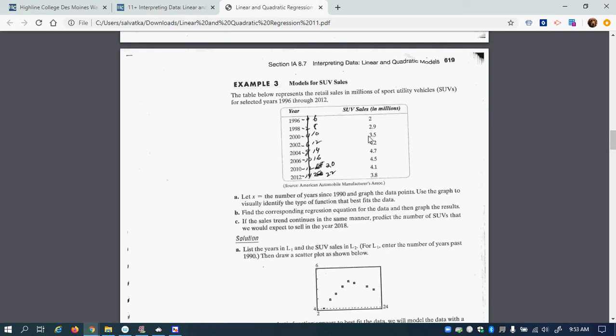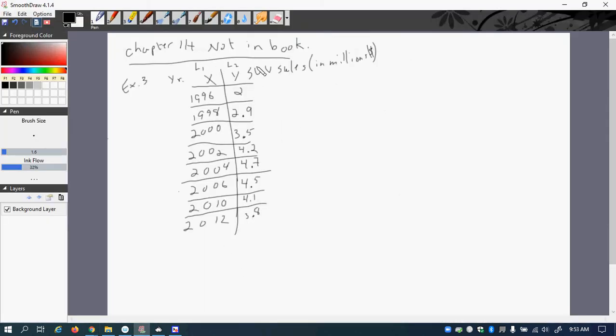And then I'm going to put in the SUV sales. I don't put in the millions, I just put in the number, because the number represents millions. So if I go to my board, you can see that I've already written down the data that I needed. Again, x will equal 0 at 1990.